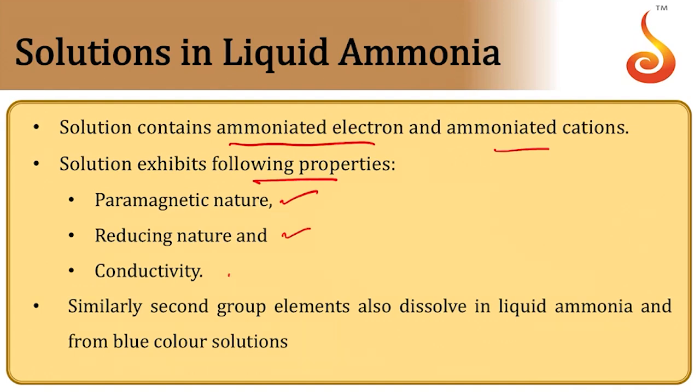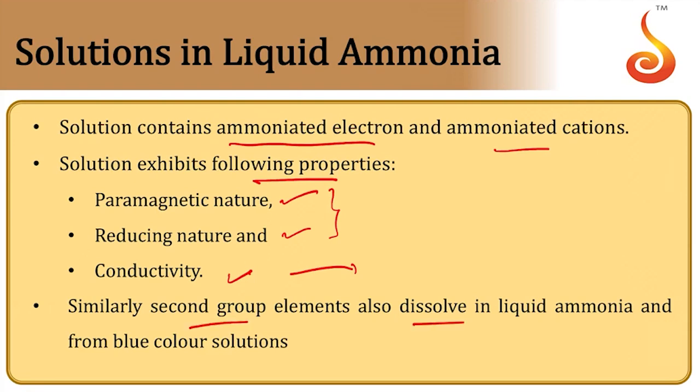The solution is paramagnetic in nature, has reducing nature, and has conductivity, along with the color. The first two properties, paramagnetism and reducing nature, are because of the electrons present, that is, the ammoniated electrons. The conductivity is because of the ions present in the solution.